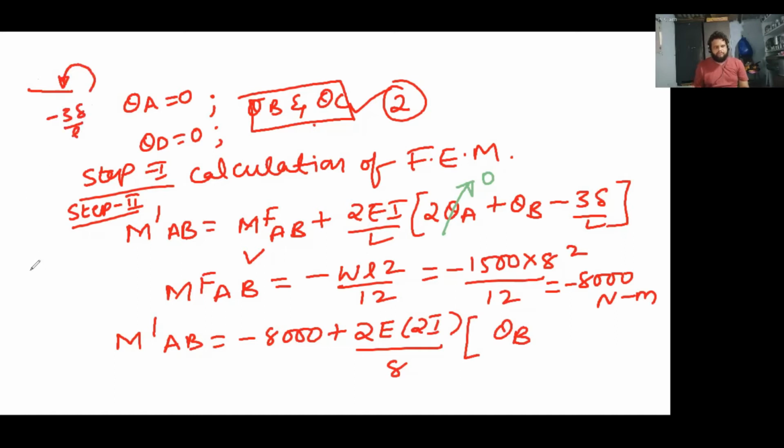Now in our AB span, which support is sinking? B sinks by 1 centimeter. I told you delta equals 1 centimeter. Out of ABCD, only B is sinking, so the sinking will be like this.